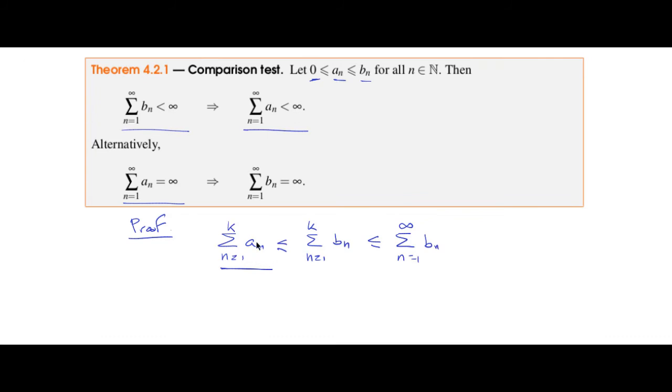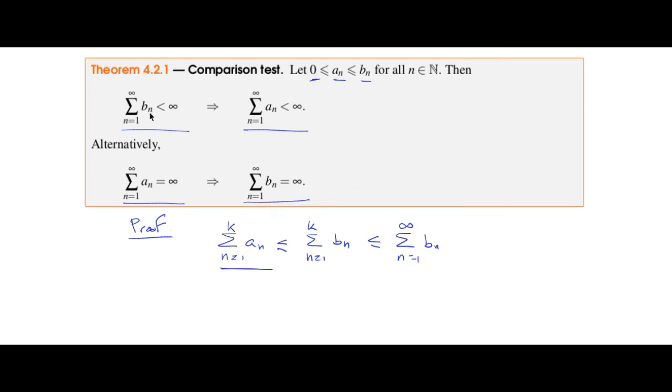Okay, if we take the limit when k goes to infinity here, this will be smaller or equal than this. But if this is infinity, then this has to be infinity as well. So that's the proof, right? If this is divergent, then also this is divergent. Okay, and intuitively it makes sense, right?